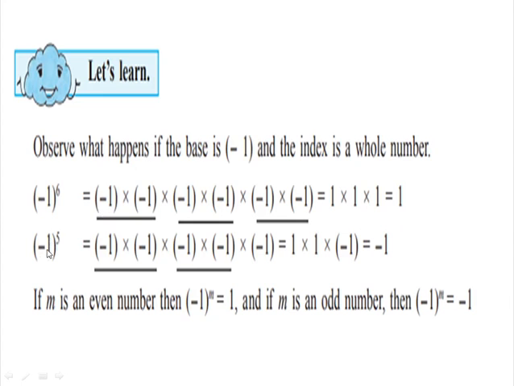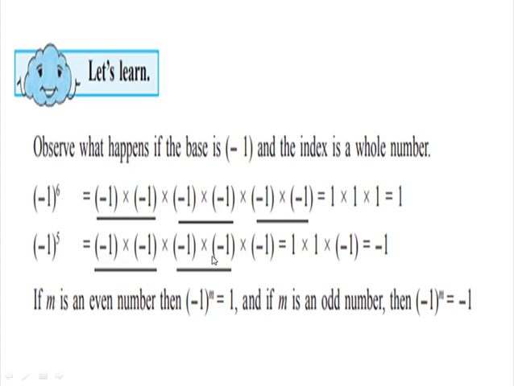Next, if the index of negative 1 is an odd number, here m is taken as an odd number, then again we will multiply negative 1 5 times. Again we will make the pair of 2. Here one negative 1 is left because it doesn't have any pair. Now these two negative ones will make positive 1 because we know negative 1 multiplied by negative 1 is positive 1.